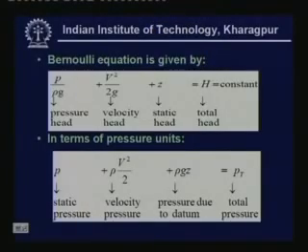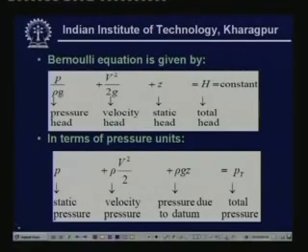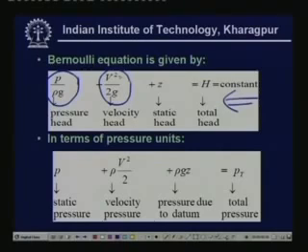Now, the Bernoulli equation is given by this expression. You can write it in different forms. For example, if you write it in the form of head, that means in the form of pressure head, velocity head, static head and total head, you get this kind of an expression. Here this term, as you can see, is known as pressure head, and this term is known as velocity head, and this term is known as static head.